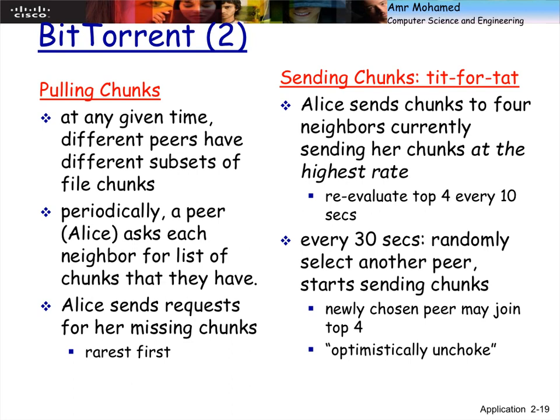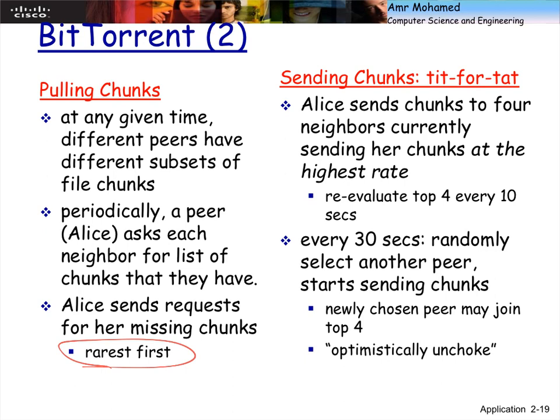Okay. So the scheme for selecting which chunk to download is based on rarest first. So start with the one with the fewest number of occurrences and fetch this one first.